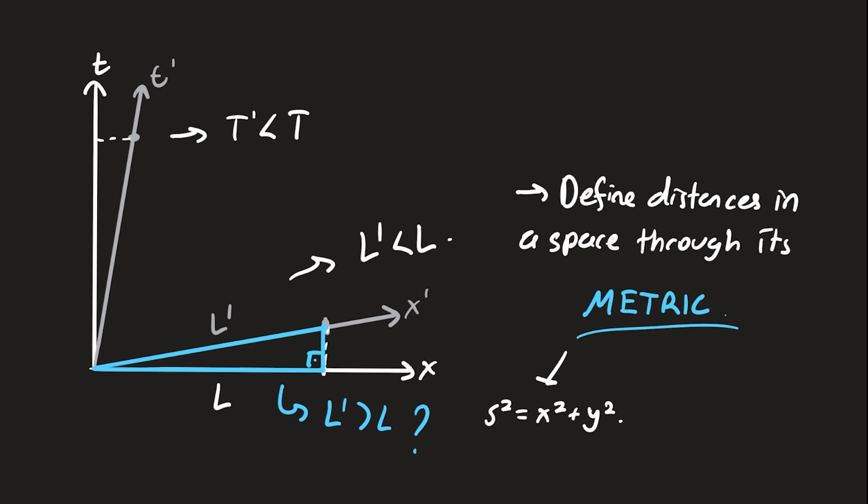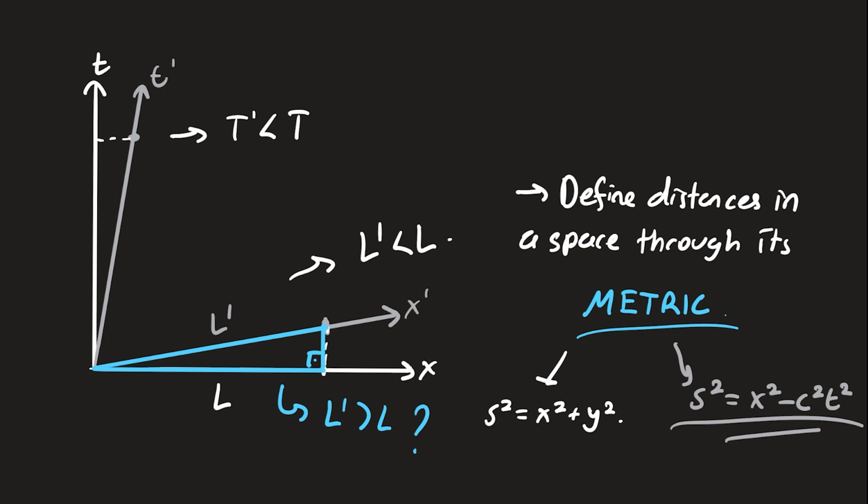This equation is precisely the reason why we expect for L prime to be longer than L. But it turns out that on flat spacetime, we use a different metric. It's called a Minkowski metric. And here, a distance is actually defined as x squared minus c squared t squared.